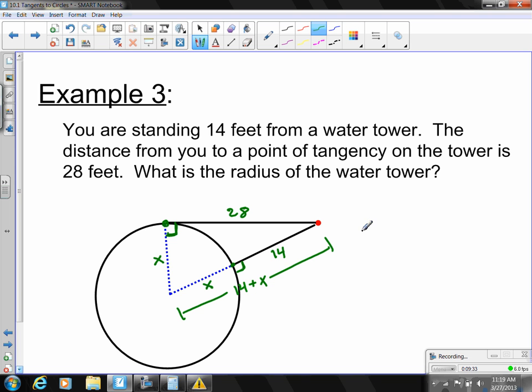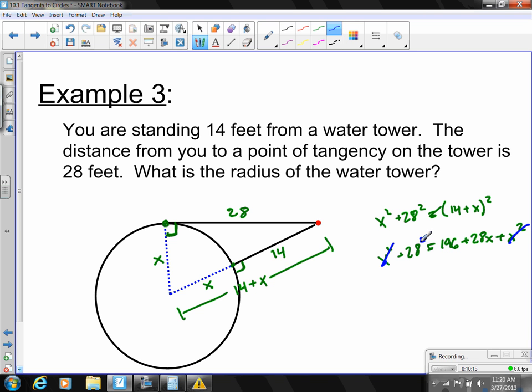From here, we get to say X squared plus 28 squared equals the hypotenuse, 14 plus X quantity squared. So X squared plus 28 squared, and when you multiply this out, remember to FOIL, you get 196, that's 14 squared, plus 2 times this, that's 28x, plus x squared. And we can subtract x squared from both sides. That cancels.